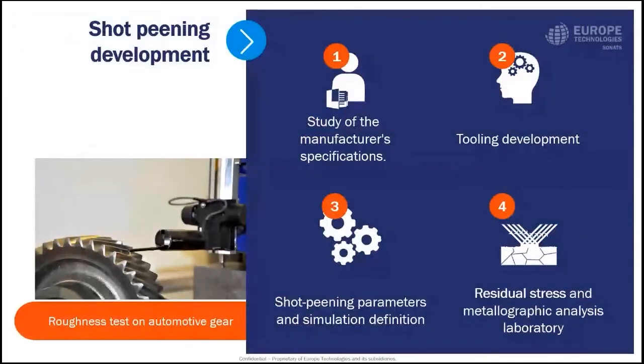So how does SONATS investigate a new application on a gear? First of all, we study the scope of work of the customer, perform tooling development, perform some trials with different recipes, shot peening parameters, and simulation definition. And finally, we perform residual stress profile by XRD to guarantee the consistency of the process.